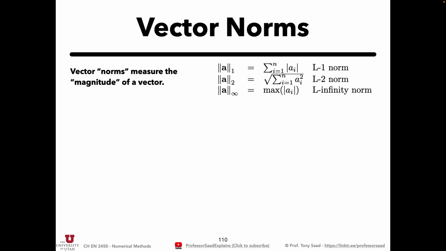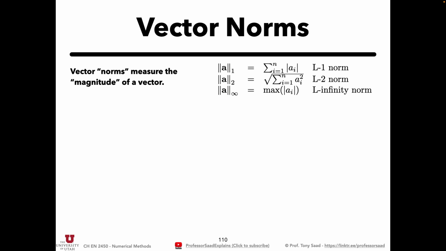You can define the first norm, designated by this subscript 1, that first equation, and it's simply the summation of all the entries in the vector in absolute value. So you're just simply adding a plus b plus c plus d in absolute value. The second norm, that's your Pythagorean norm, the square root of the sum of the squares of each one of those.